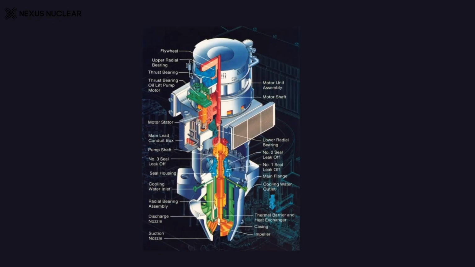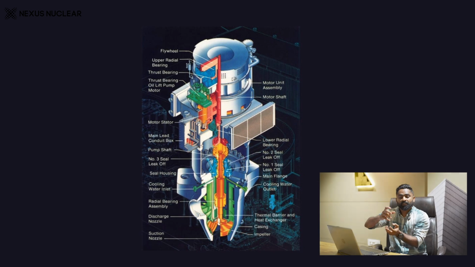As you can see in the picture, in the construction, the motor is situated on the top, in the middle the shaft, and on the lower side the impeller is rotating. The rotation is centrifugal, so the primary coolant enters the impeller, circulates and goes out.